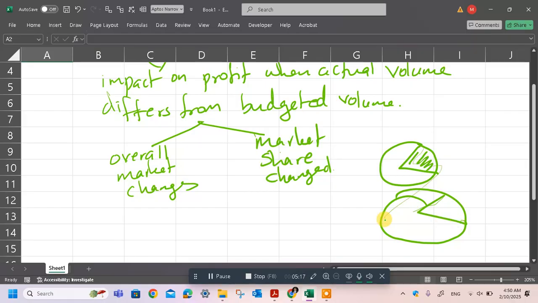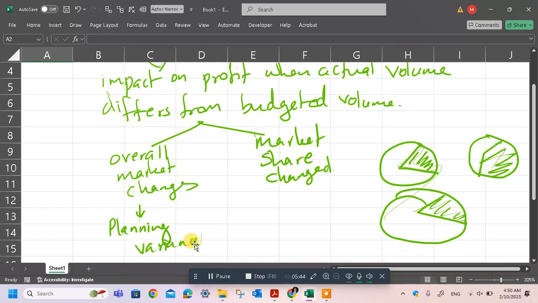So obviously, even if you maintain the same proportion, when the market size becomes bigger, you are going to get more sales. The other one: size remained the same, but your proportion changed. This is market share variance. In other words, market size is due to outside factors. I can match this with planning variance. Overall market changes, so your plan itself changes due to outside factors.